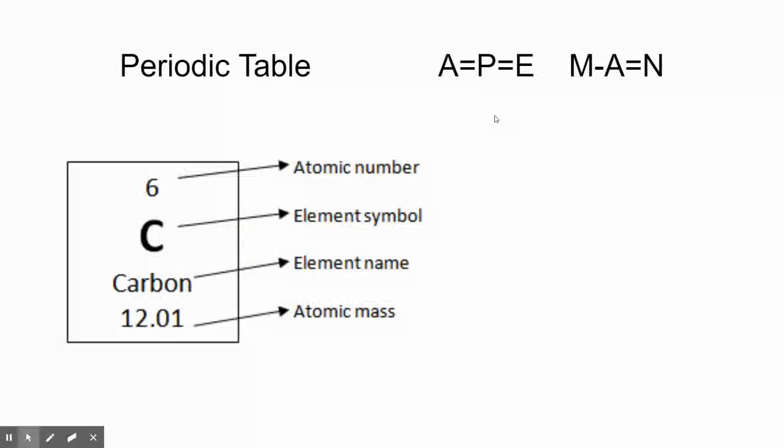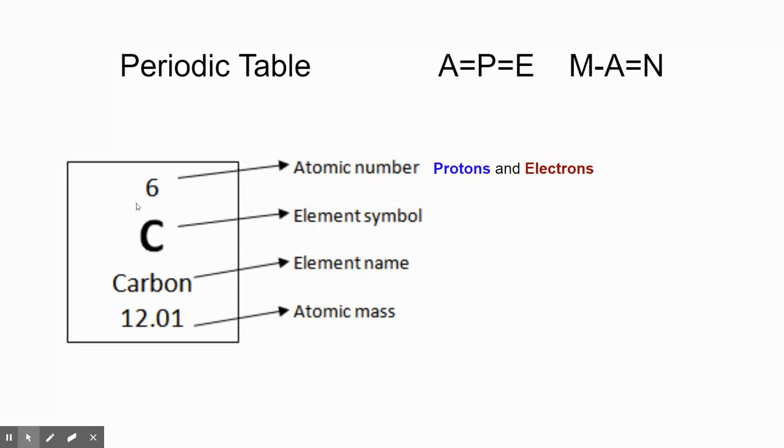So there's a lot that the periodic table tells us, but there's some things that it doesn't, and we have to try and figure things out. The atomic number, the small number at the top, is going to tell us how many protons there are in this atom. And according to 8-man, A stands for atomic number, and that number is equal to the amount of protons and that same number of electrons.